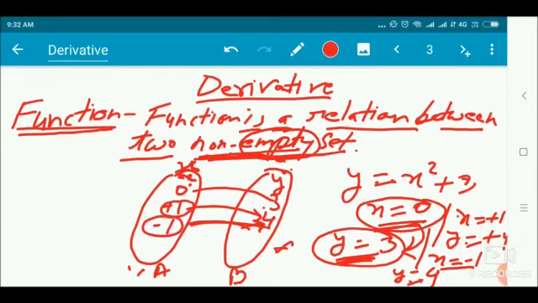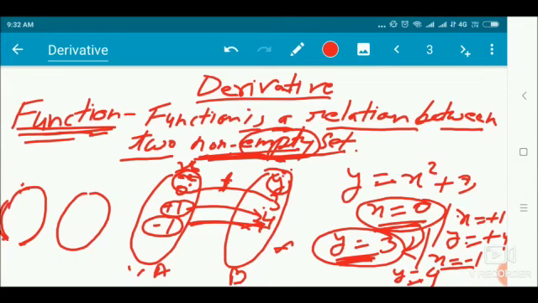Here it is written: if I put x is equal to plus 1, we'll get y is equal to plus 4. So plus 1 is related to 4. Similarly, if I put x is equal to minus 1, I'll get y is equal to plus 4. So minus 1 is related to 4, and plus 1 and minus 1 both lie in set A, and 4 lies in set B. So this is called a function.